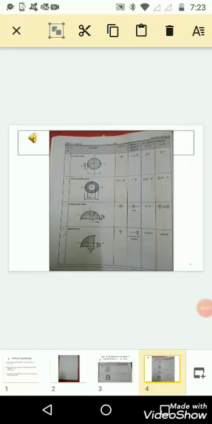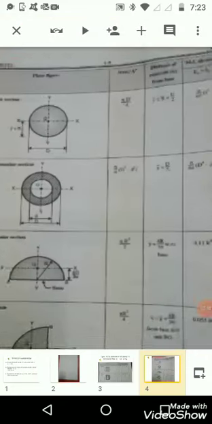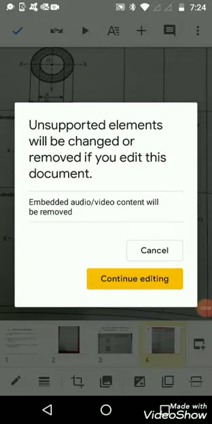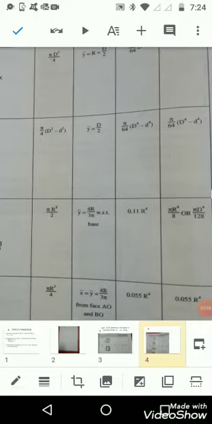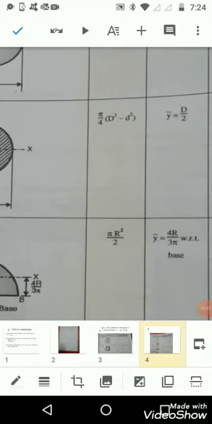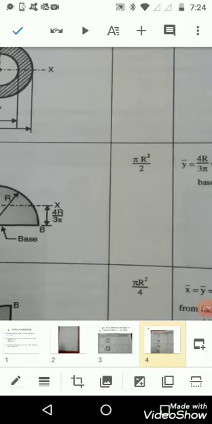Next we have the semicircle and the quarter circle. Now have a look at this formula.